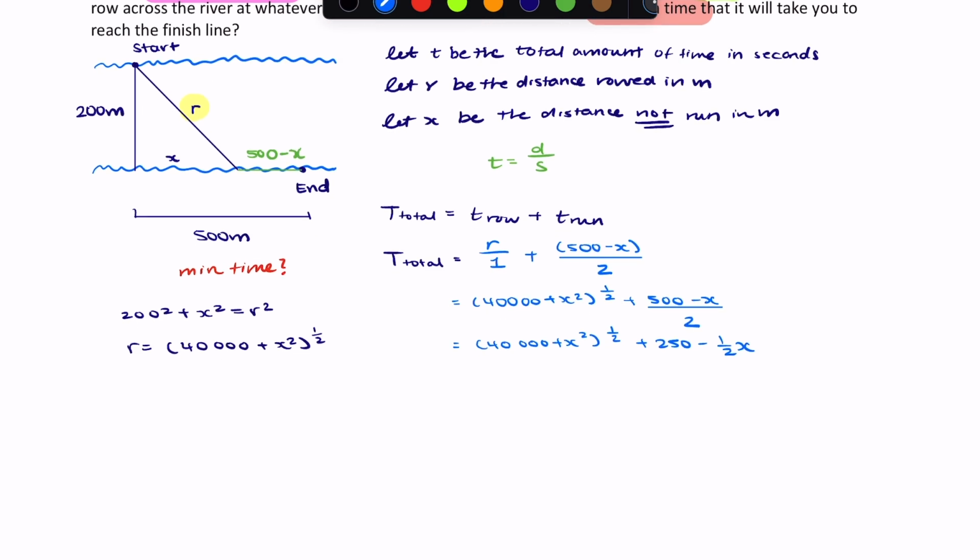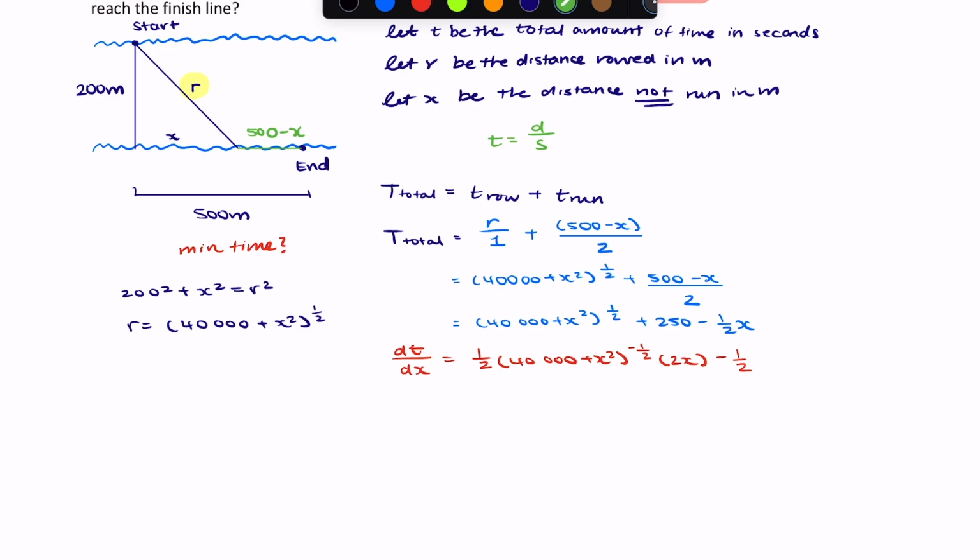Okay, so now we're going to find the derivative. And here we'll use implicit differentiation again. So dt over dx is equal to, the outside, so 1/2 times 40,000 plus x squared to the power of negative 1/2, and then derive the inside, which will be 2x. And then the derivative of 250 is just 0, and the derivative of negative 1 over 2x would be just negative 1 over 2.